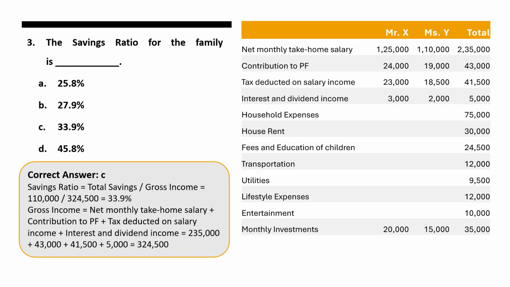And to this, when we add interest and dividend income, we get the gross income for the family, right? So the gross income as computed here is 3,24,500, and we got the answer here as savings ratio of 33.9%.